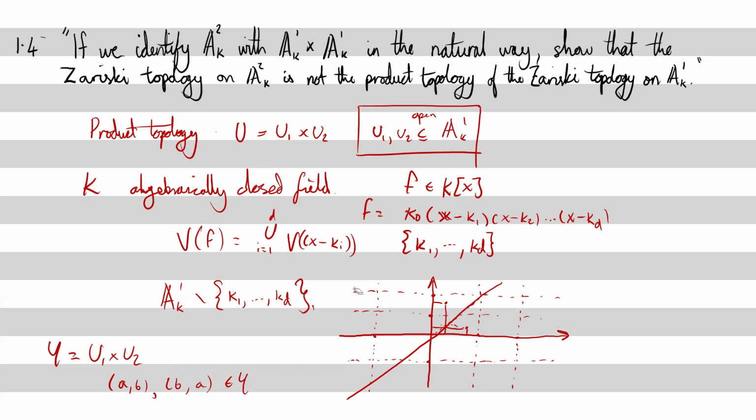Now, how can we use that fact? In fact, I shall go to the next page. Let Y equals U1 times U2. If (a, b) and (b, a) are in Y, then a and b are within U1 and U2.